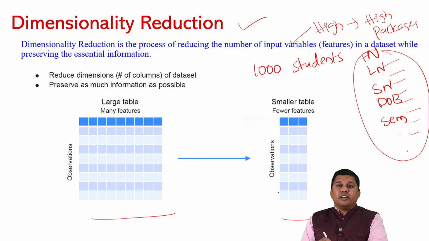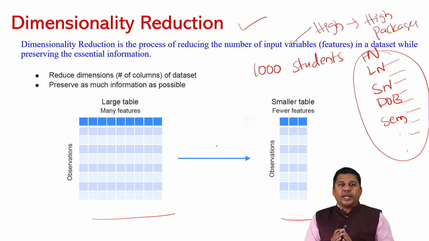The most important point is that we are preserving the information as much as possible. We are not deleting it, we are only identifying which are the most important columns for this problem. What is the problem here? Find out the relation between a student getting good marks in mathematics and getting a high package, right. So, that is what dimensionality reduction is, we try to reduce the number of features.